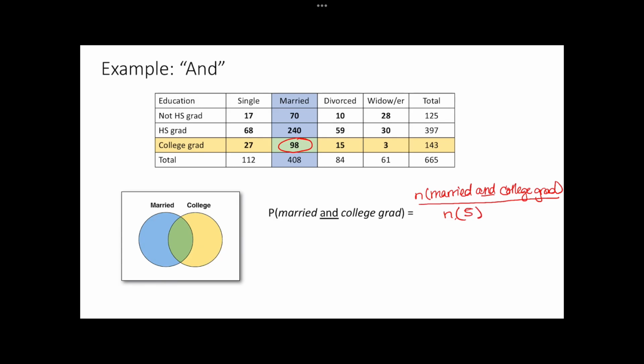And my sample space here is the total number of people surveyed. So my top we said was 98, and the total number of people surveyed here is 665. So I have 98 over 665, which if I plug that into my calculator, I get 0.147.